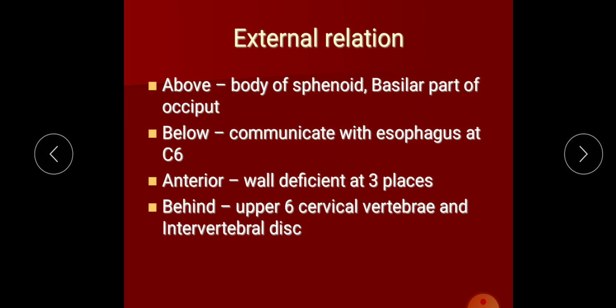Below, it communicates with the esophagus at the C6 level. Anteriorly, the wall is deficient at three places through which the pharynx communicates with the nasal cavity, oral cavity, and larynx. And behind, you find the upper six cervical vertebrae with the intervertebral discs. That much is clear to you?